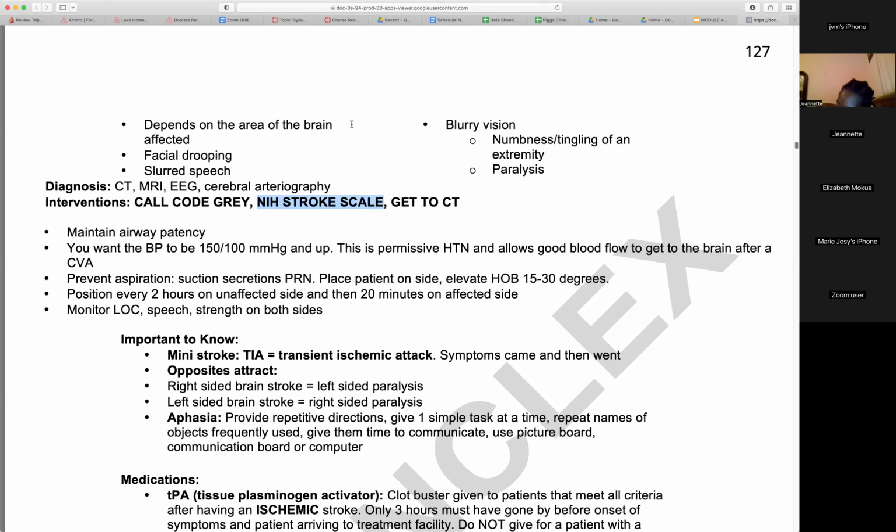The next thing that I want you to know, so write this down. When it comes to stroke and blood pressure, it's very tricky. I want you to write this down exactly as I'm going to say it. Before a stroke, you want the blood pressure normal, right? Before a stroke, you want the blood pressure normal, because high blood pressures lead to stroke.